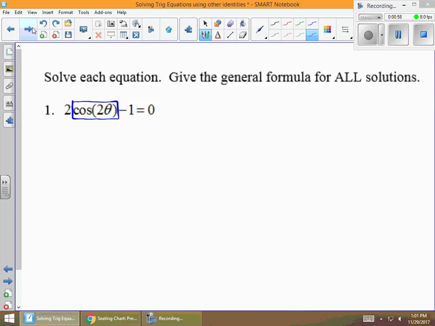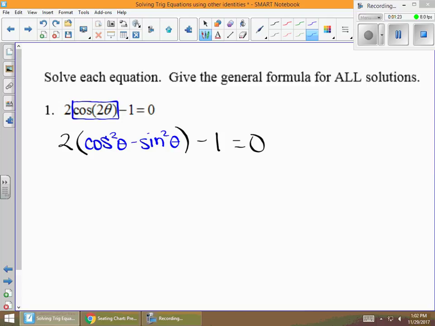Okay. So the whole rest of this problem is going to be the same. We're going to swap in, I'll color code the right way, cosine squared minus sine squared. Those are the same.